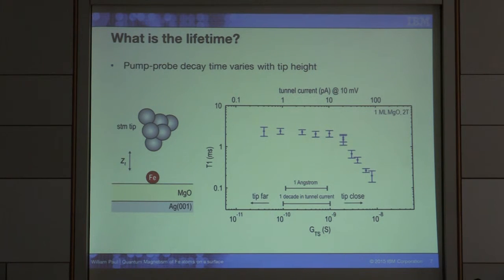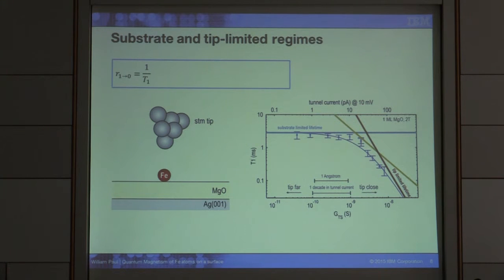We'll spare a bit of the details and get to this model, which is we have an iron atom that's tunnel coupled to some nearby electrodes. Essentially we can explain the scaling of the lifetime due to the conductances between the various electrodes. So this is electronic de-excitation from scattering between the tip and the surface.